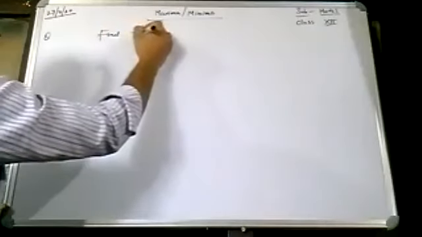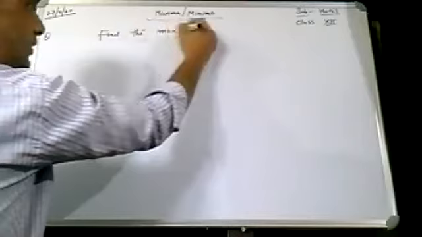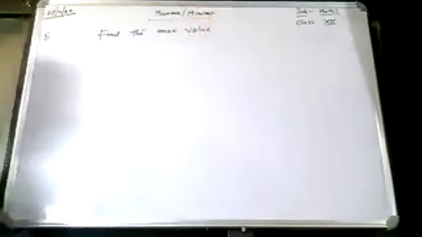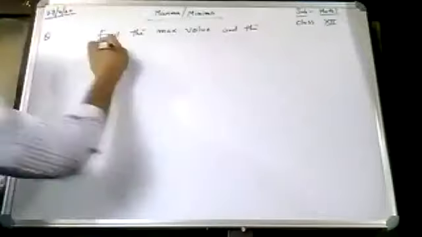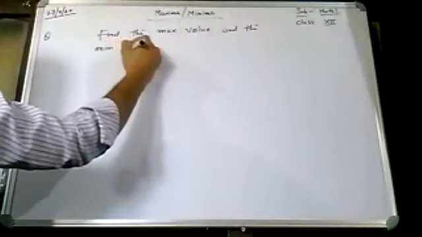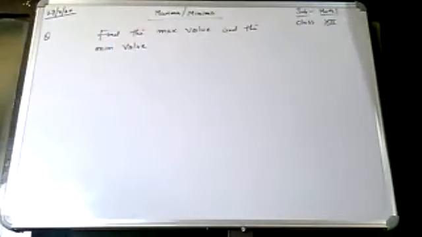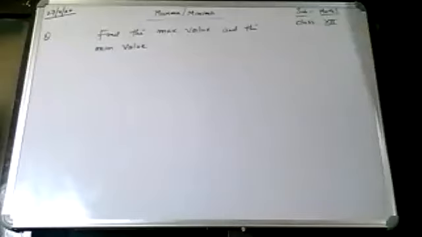So question number 5 is: find the maximum value and the minimum value of the following functions.